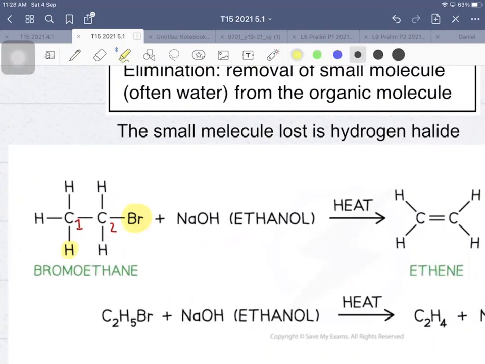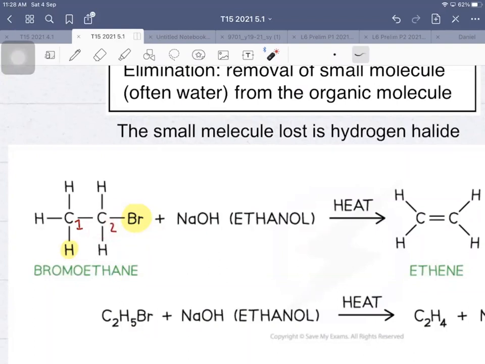If you are not able to see clearly where bromine is and who is the neighboring carbon, number your carbons. If bromine is already sitting on carbon number 2, that means you cannot remove anything else from carbon number 2.